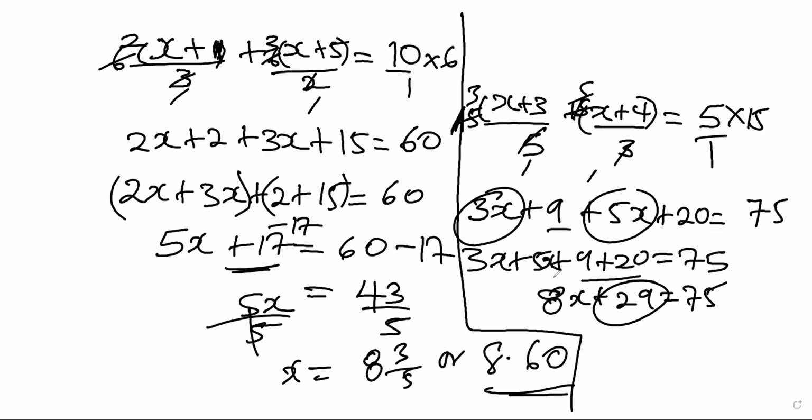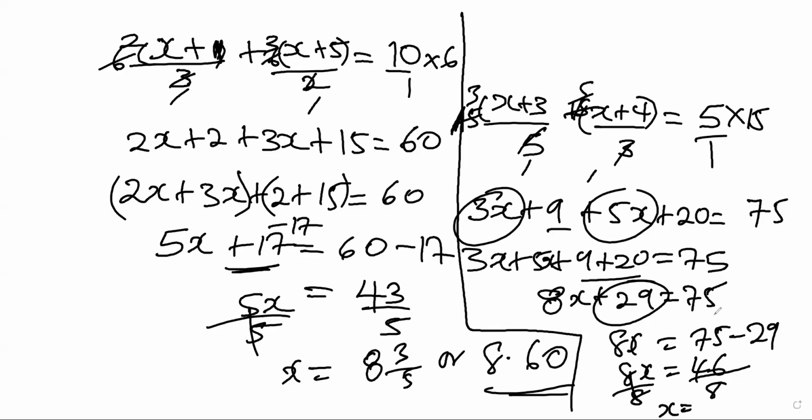So we're going to subtract 29 from both sides, right? So it will be 46. 8 5s are 40, right?